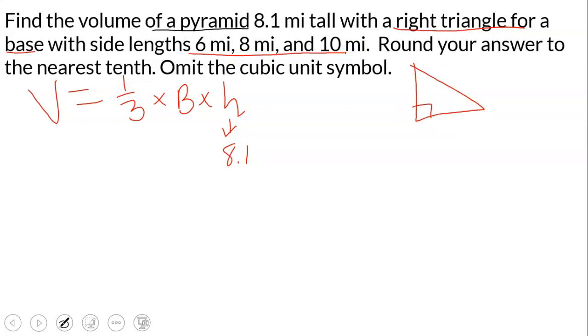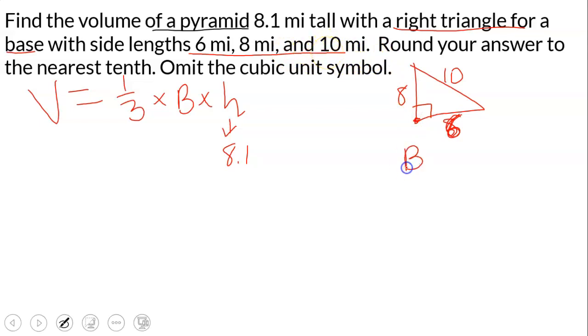If it's a right triangle, it has to obey the Pythagorean theorem. So the hypotenuse has to be the longest side, and then the other 2 legs, one is 8, one is 6, and we know the 2 legs form the right angle. They have to intersect at the right angle. So those are the base and the height. The 10 is just to check that you know which numbers you need for your base.